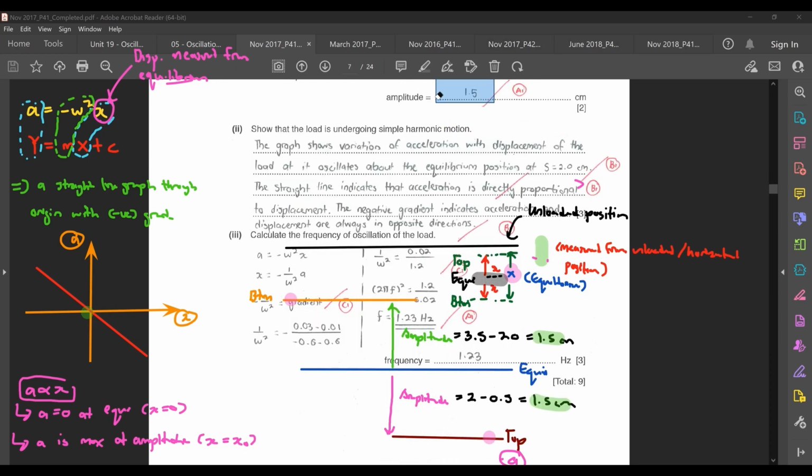So when you want to explain something is undergoing simple harmonic motion, you can actually explain it from a graph shape.